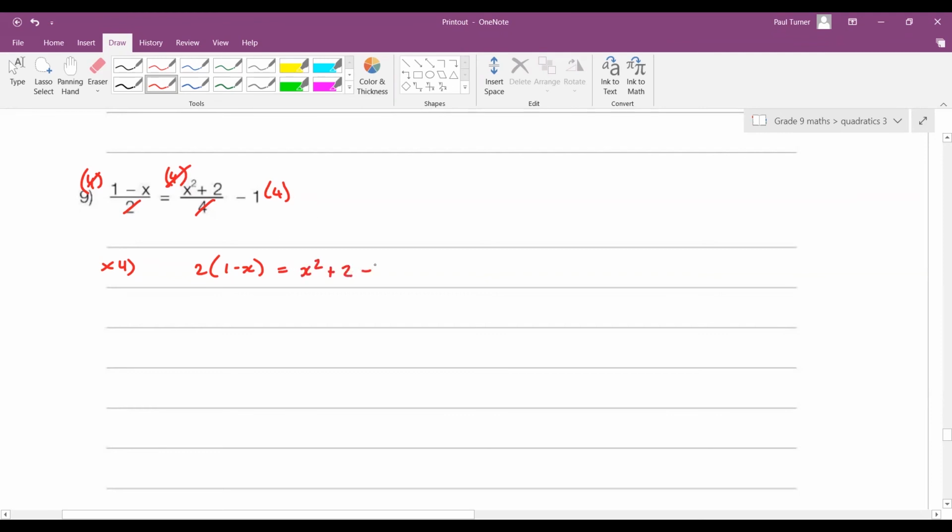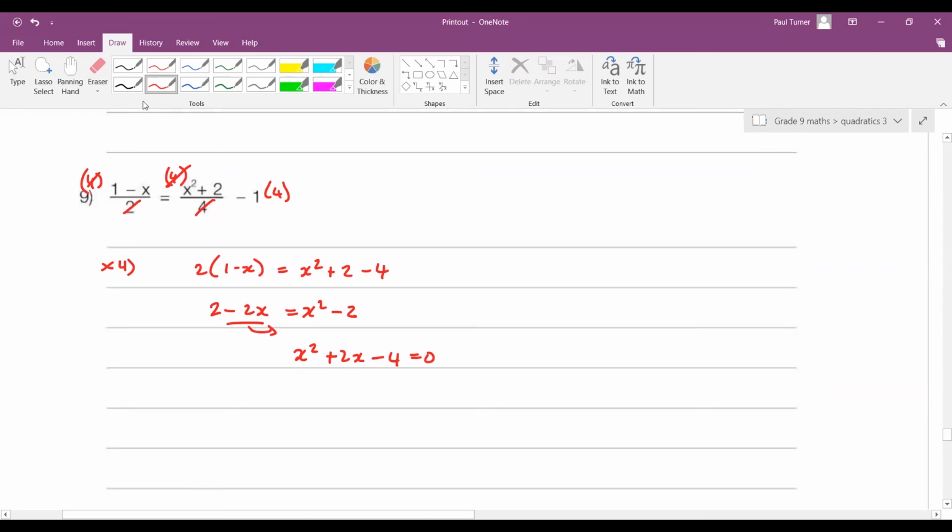And minus 4. So we just expand this here. So 2 minus 2x equals x squared minus 2. So I would make this x squared plus 2x minus 4 equals 0. So I brought these to the other side here.